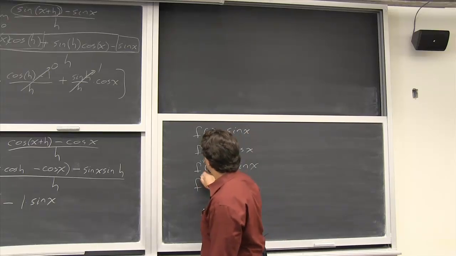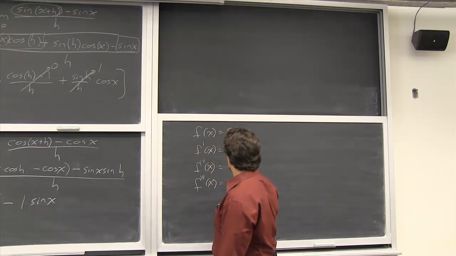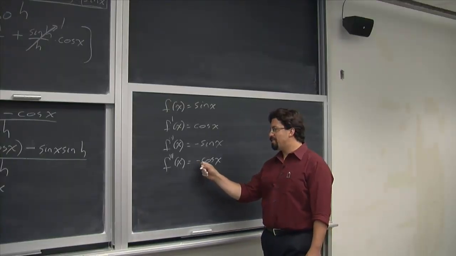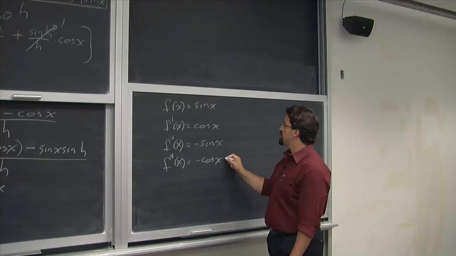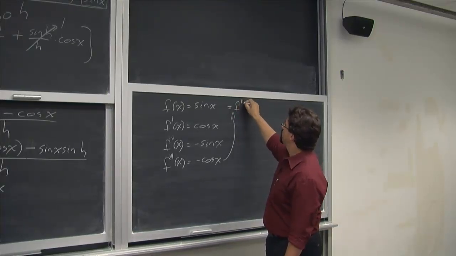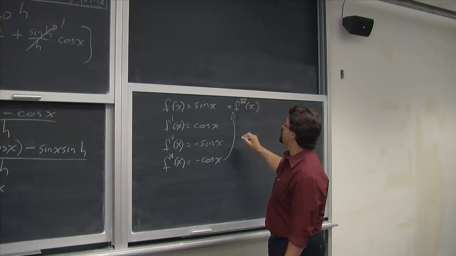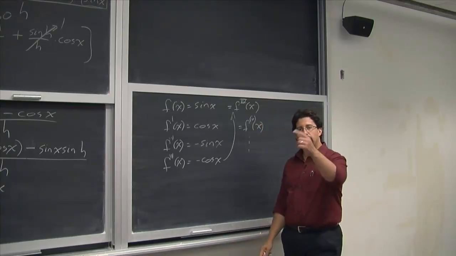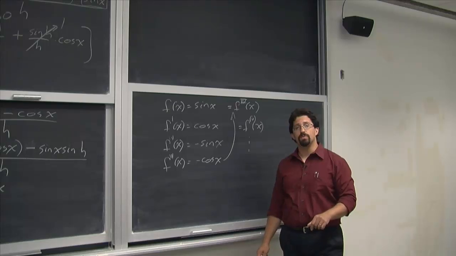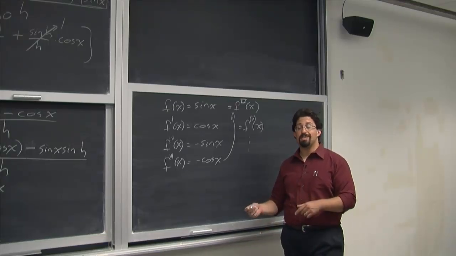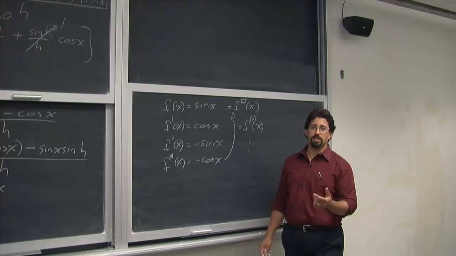The third derivative is negative cos of x. The fourth derivative is negative sine of x. And so we go right back up to the top. Fourth derivative of x, fifth derivative of x, and so on. We repeat in patterns of 4 over and over. We're going to use that to interesting effect in the examples, and then much more so in the exercises.